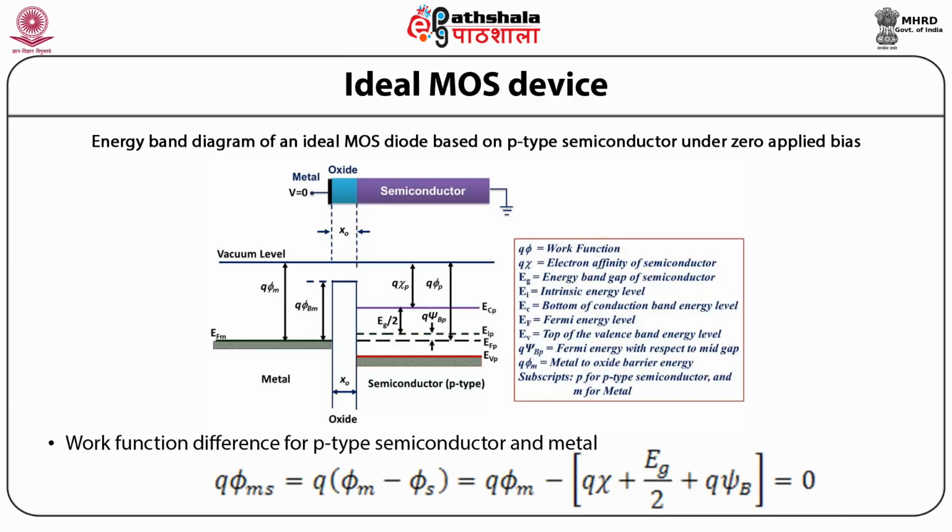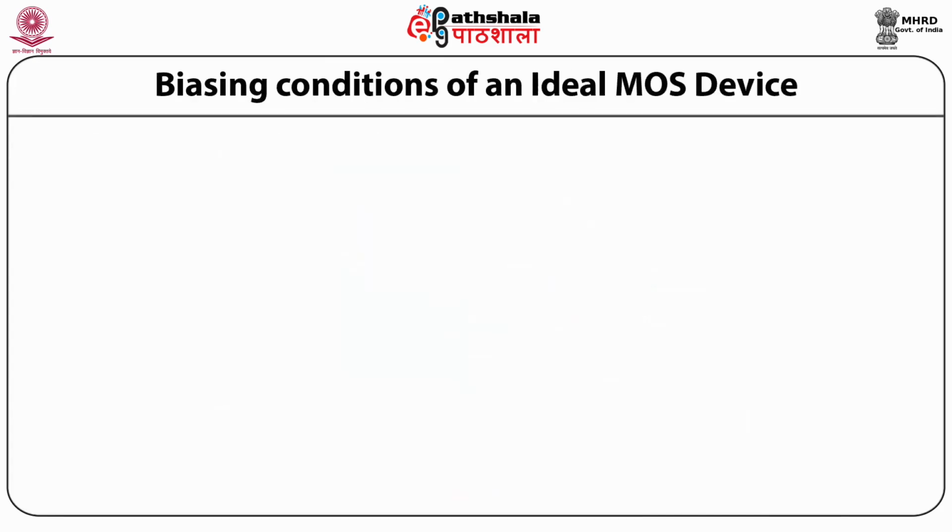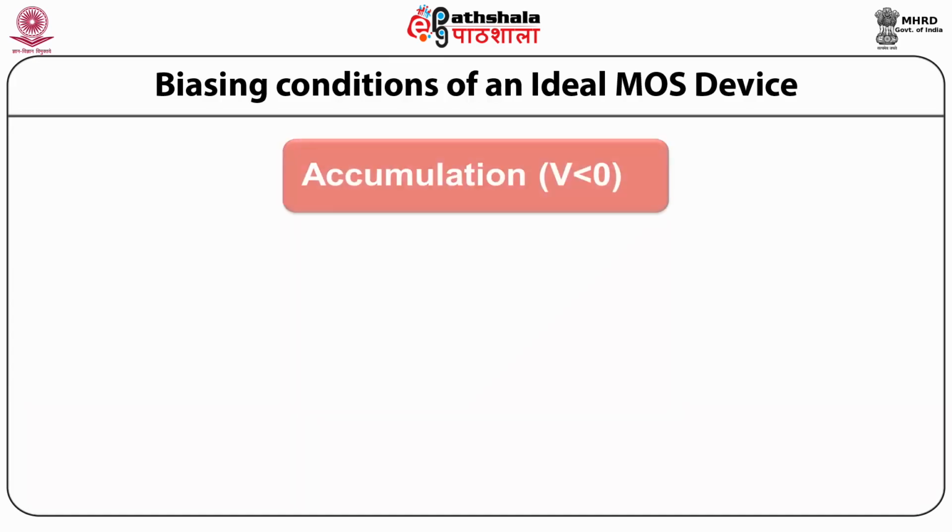So when an ideal MOS diode is biased, that is, a positive or a negative voltage is applied, three cases arise at the semiconductor surface. We will discuss the three biasing conditions for an ideal MOS diode. First is accumulation, when the applied bias is less than 0.